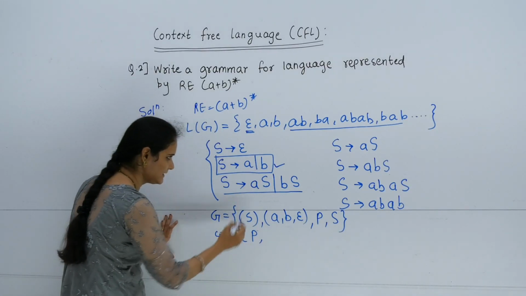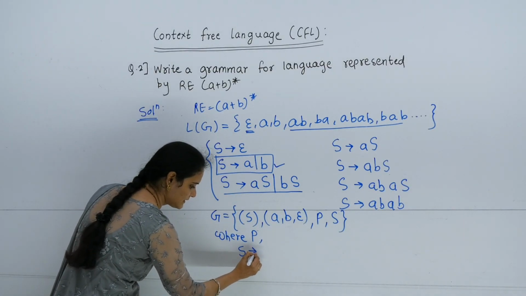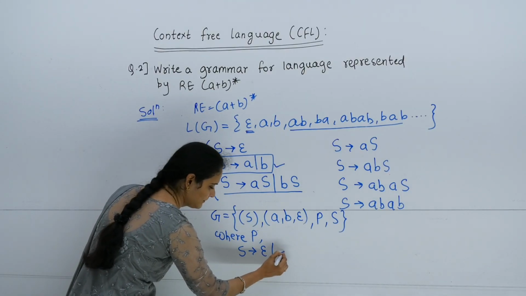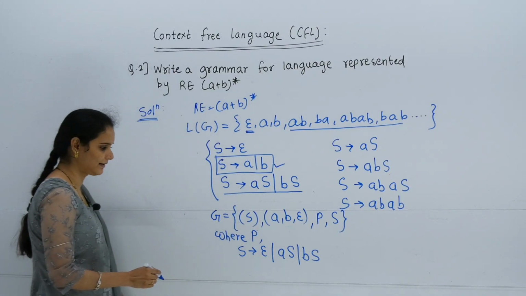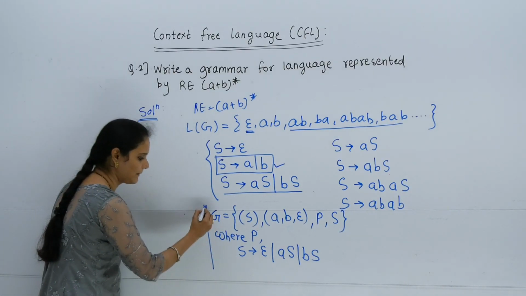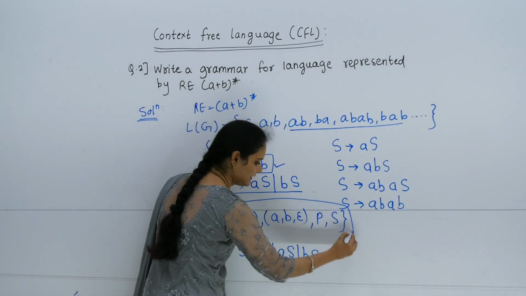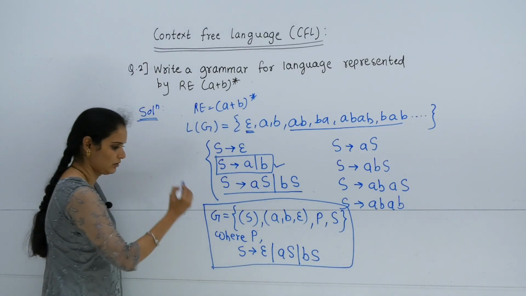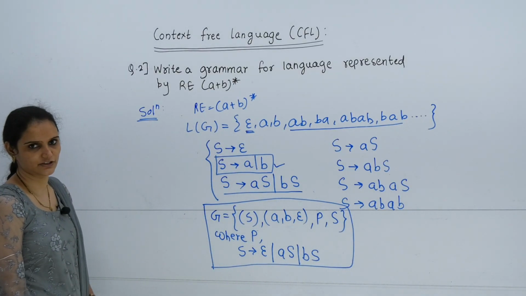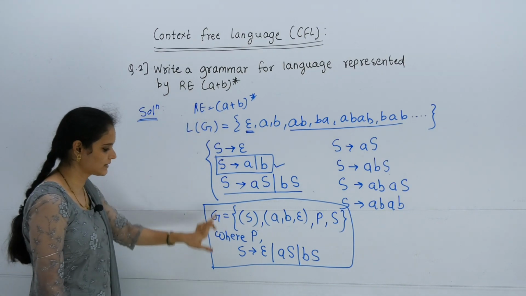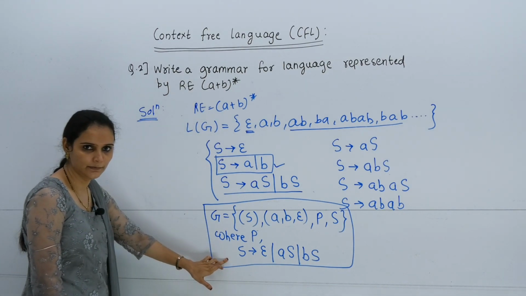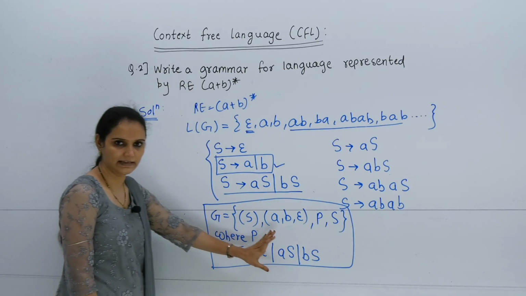P is S produces null or aS or bS. Simply, we can write only that part as a context free grammar of the given language. Here the regular expression is given, and from that regular expression we have derived the grammar like this.